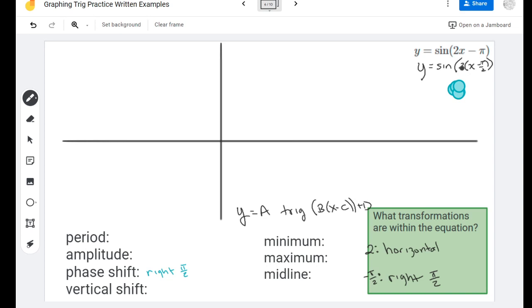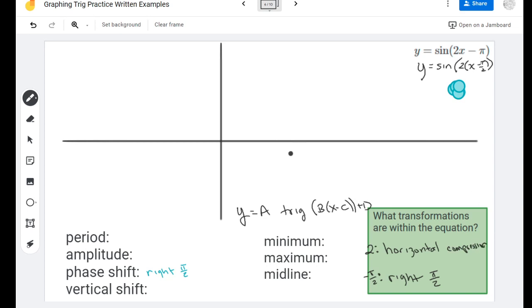And so what we have to do is look for what that would be. So we're figuring out if that number is less than 1 or greater than 1. Now if the 2 had been outside of the trig function, if it was here in front, that would be a vertical stretch. But remember, horizontal changes feel backwards, so this is going to turn into a compression instead.